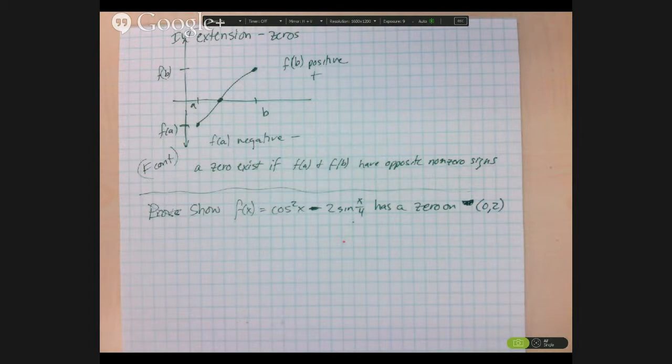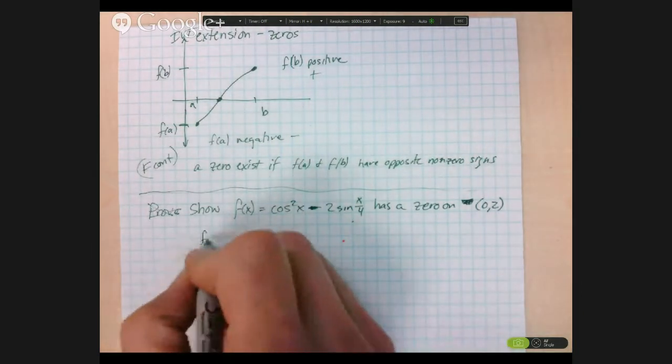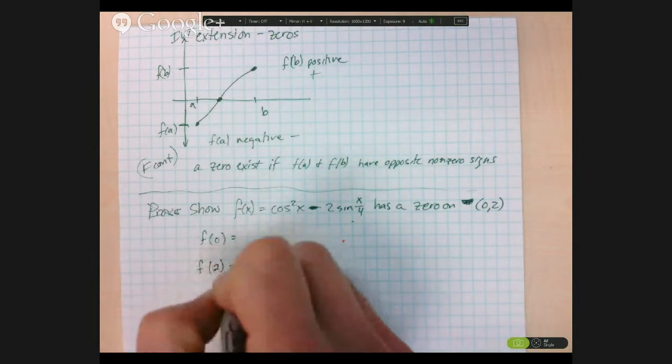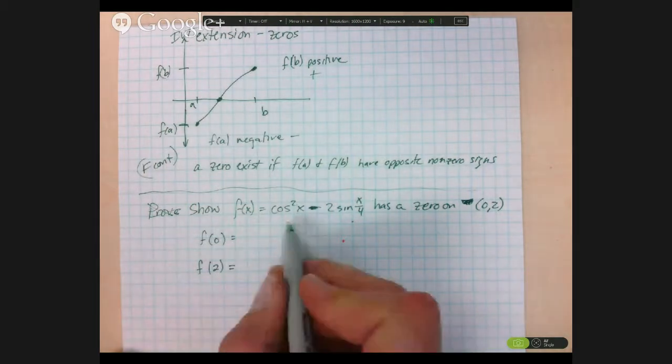Are we asking you to find it? Find the 0? No, just say show it exists. Right, so plug it in. First of all, is it continuous?